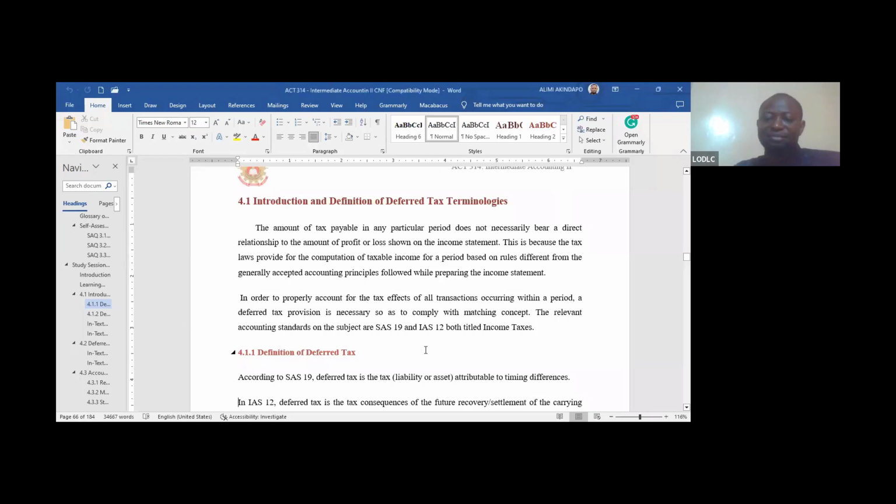But SAS 19, the Statement of Accounting Standard, is what we were using before the introduction of the International Accounting Standards and International Financial Reporting Standards. This time around, don't disturb yourself about SAS 19. Just focus on IAS 12, that is income taxes.